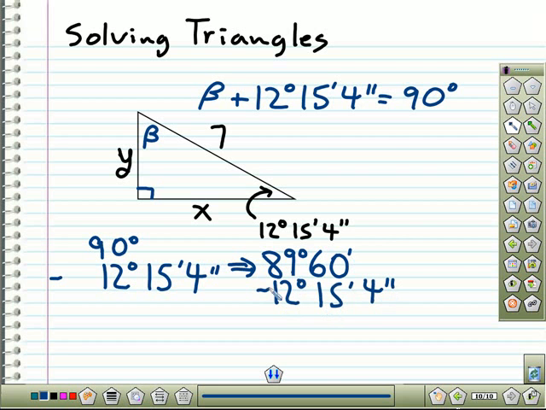Borrow again. Now we've got 89 degrees, 59 minutes, and 60 seconds. Now we're ready to go to work because we've got something in each place so that we can subtract.